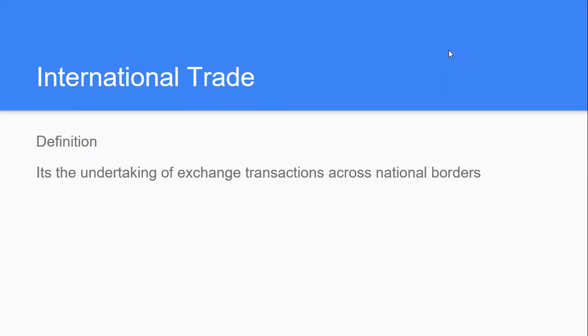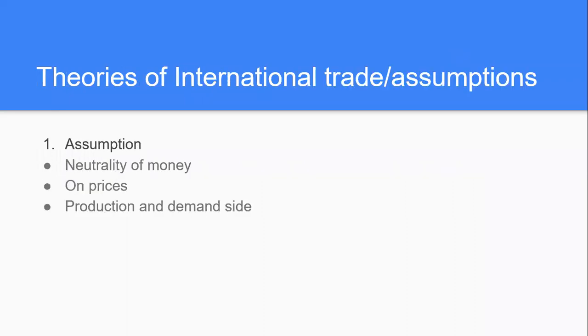Okay. So I will just move on to theories of international trade. Now, the second subtopic is about the theories of international trade and also the assumptions that come in international trade. What are the assumptions that people make in international trade? The first is the assumption on neutrality of money, which is a new term. So what is neutrality of money?